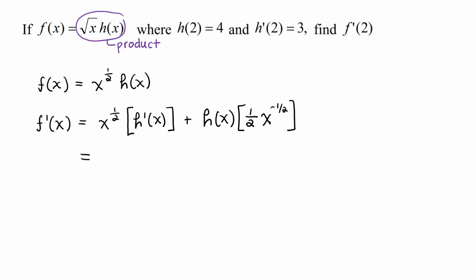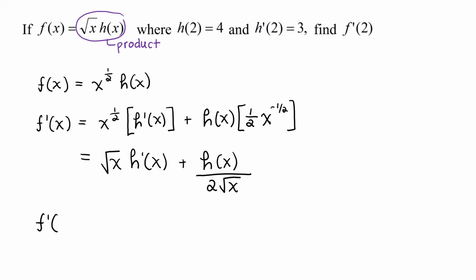Then we'll just rewrite this, so we have the square root of x times h prime of x plus h of x times, well, h of x over 2 times the square root of x. And now we can substitute to find f prime of 2.